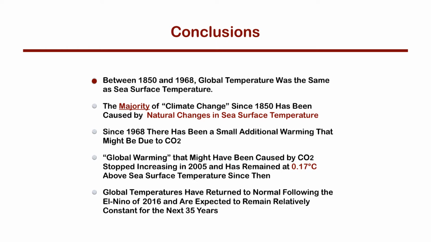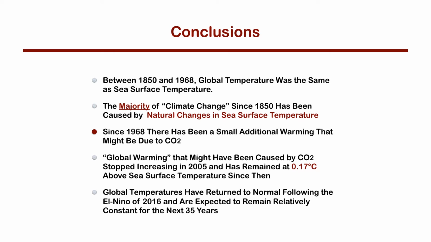Okay, so what are our conclusions? First of all, between 1850 and 1968, global temperature was the same as sea surface temperature. The majority of climate change since 1850 has been caused by natural changes in sea surface temperature, which have then impacted the global temperature data.